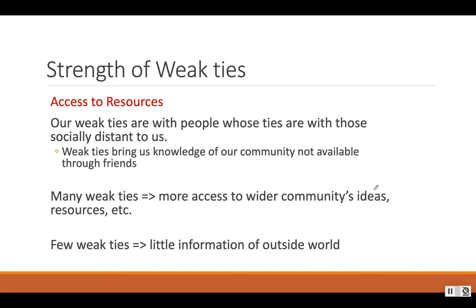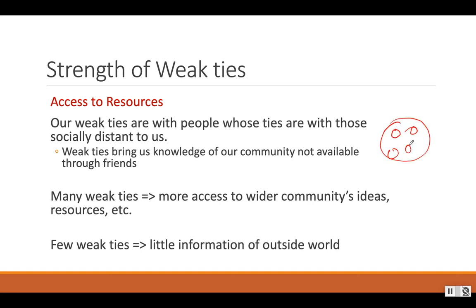Another strength of weak ties is access to resources. Our weak ties are with people who are socially distant from us, and those weak ties bring us knowledge of our community not available through friends. As we discussed, strongly connected groups are redundant with information.